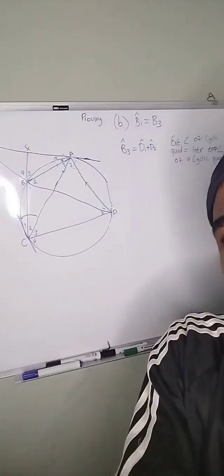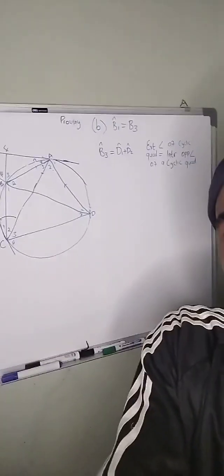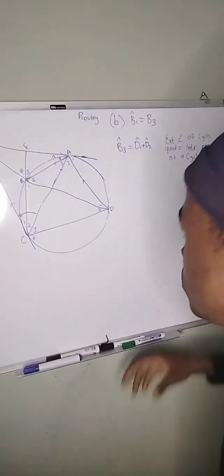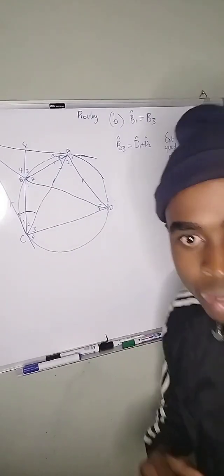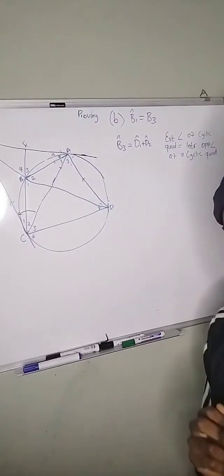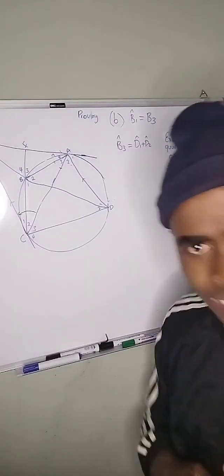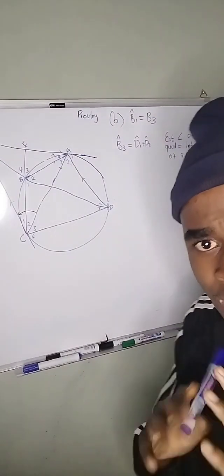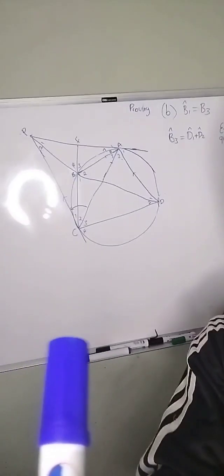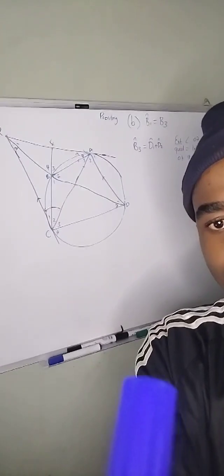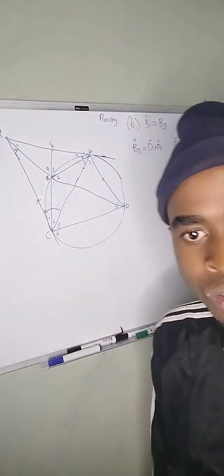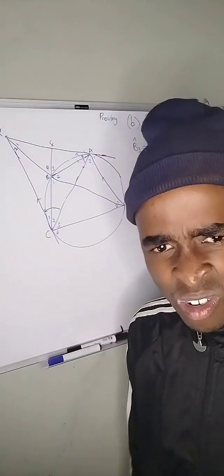Okay, now let's go back to the diagram. So now what is it that we have to do? Now we know B3 is going to be equals to D1 plus D2, ne? So now what is it that we know? Can we use tan cot here? Is tan cot okay? Let's go back to the diagram real quick. Because we know B3 is going to be equals to what? And B as a whole equals D1, D2, A1, A up to 360.